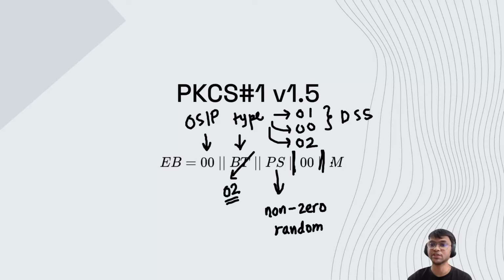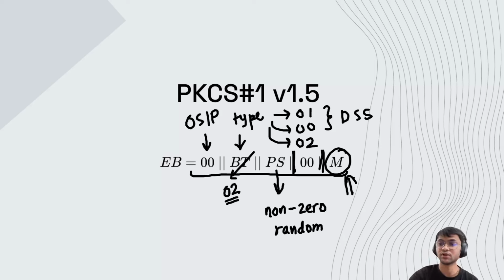Finally, we have the actual data that we want to protect, M. Once the recipient has verified the padding, they know exactly where to find this message. This mechanism helps solve the deterministic issue in naive RSA. In the next sections, let's understand the mathematics involved in PKCS1 version 1.5 padding and its security implication.